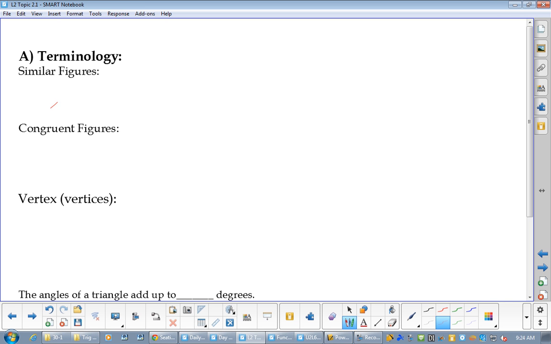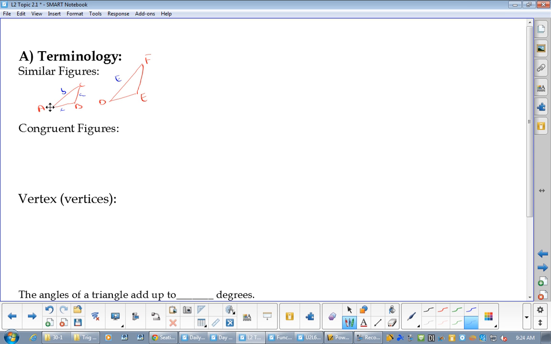I'm just going to do a drawing first. Now these would be similar figures. Now why don't we call this A, this B, and this C. Call this D, E, and F. Okay, this would be B, this would be A, little a, and this would be little c.